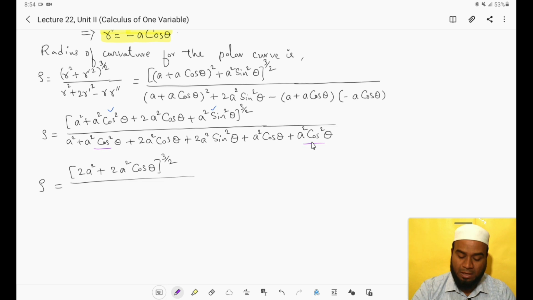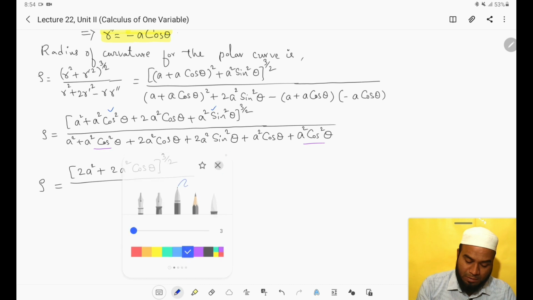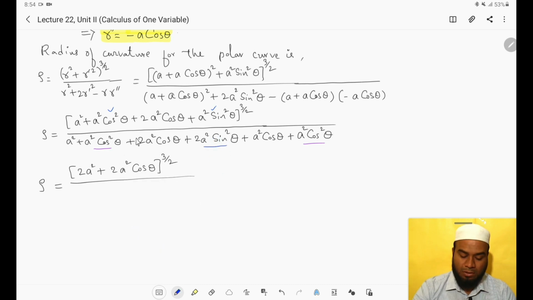So 2a square cos square theta, and already here 2a square sin square theta is there. You observe these two terms marked with purple color. That will give you 2a square cos square theta, and here 2a square sin square theta is there. When you take 2a square outside, sin square theta plus cos square theta we will get. So what will remain?